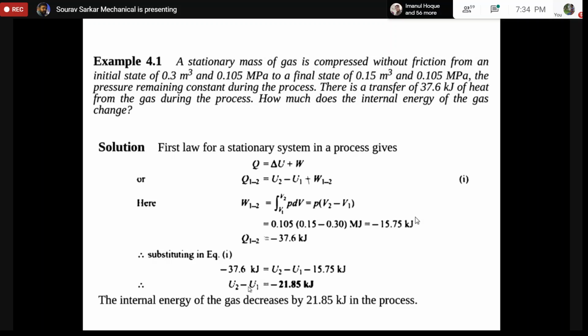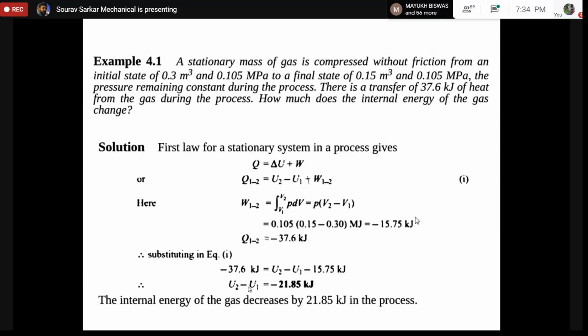The pressure remains constant during this process. There is a heat transfer of 37.6 kilojoule of heat from the gas during the process.